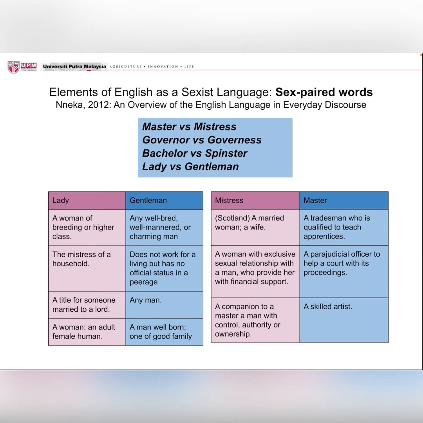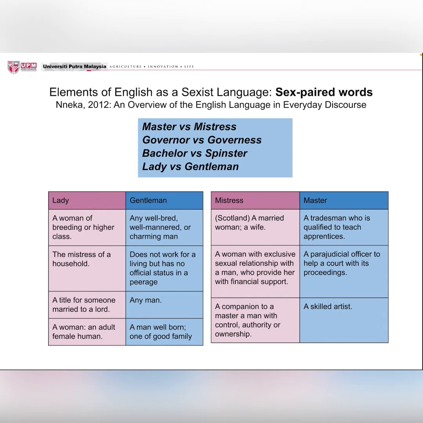Lady is used for a woman from higher classes, while gentleman is used for any well-mannered or charming man. Second, lady is used as the mistress of a household, while gentleman refers to a man who does not work for a living and a man who has no official status.